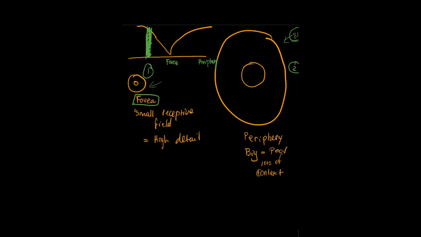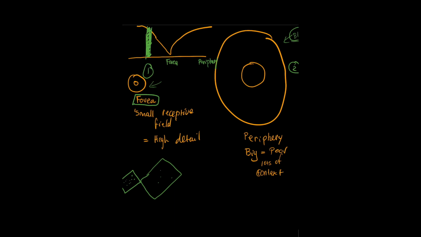It's kind of like if you're using a microscope and you zoom in, you'll only be able to see a little bit, but you'll be able to see a lot in that little bit. Versus if you zoom out, you'll be able to see a lot, but not a lot of detail. And both of those are important.